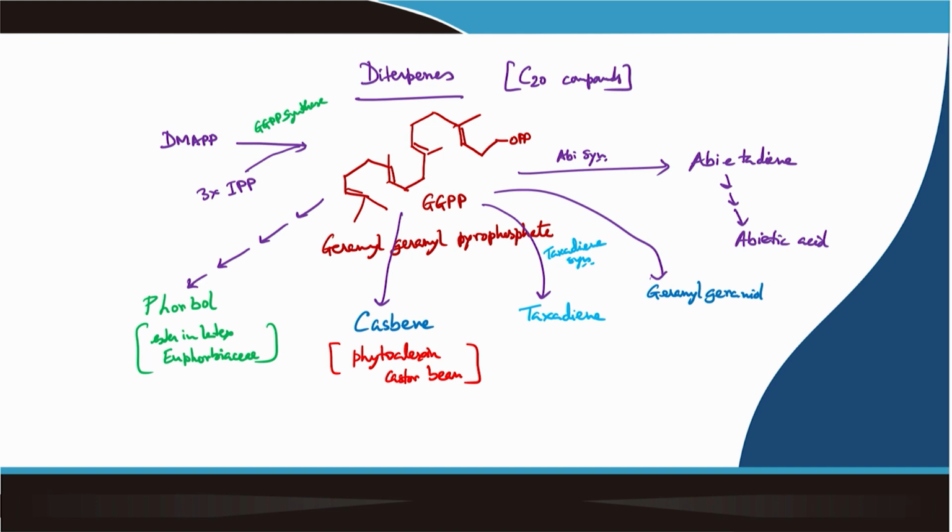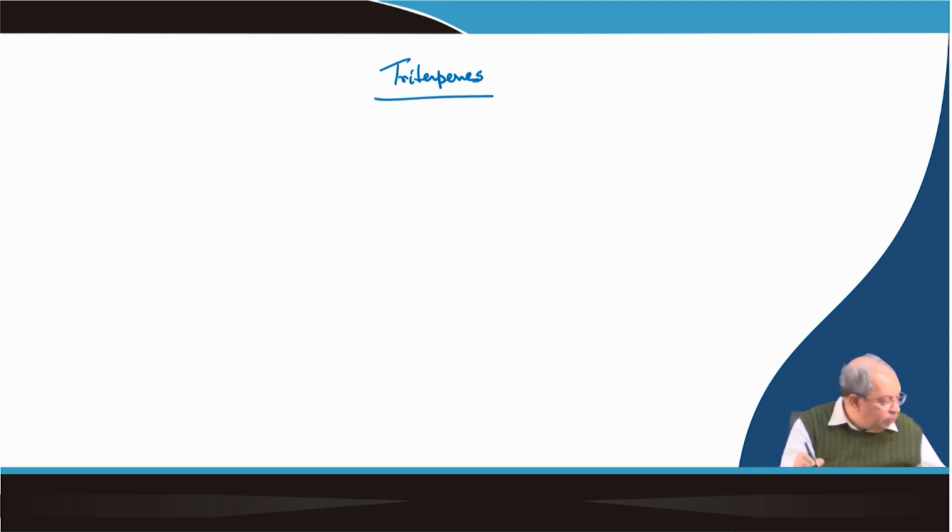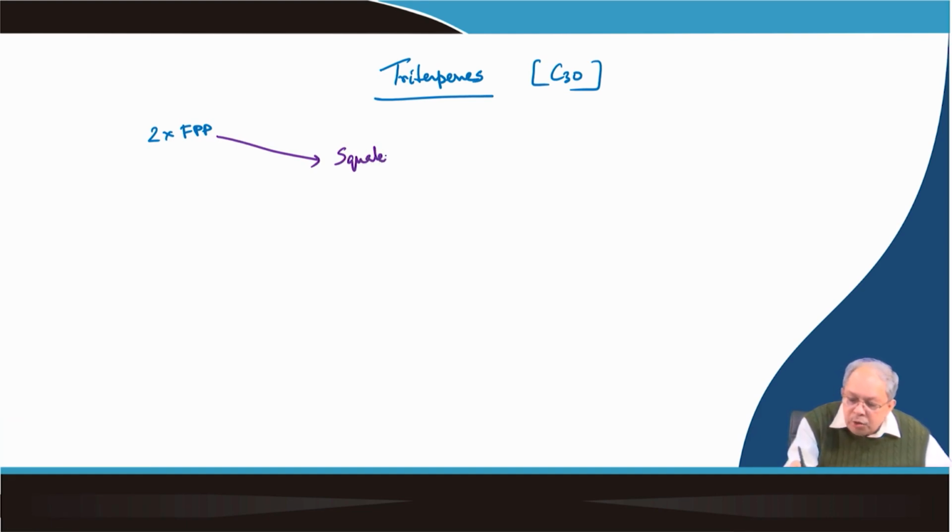Now, if I go briefly to the triterpene compounds, triterpenes are basically C30 compounds that originate from two molecules of FPP that ultimately form squalene. Squalene is considered as a precursor of triterpenes.